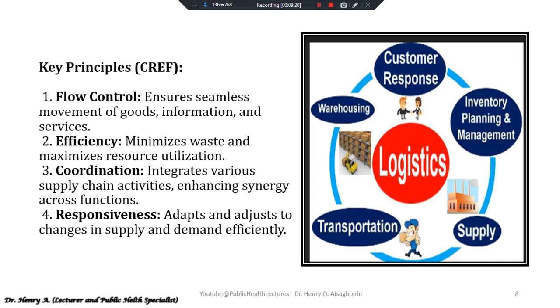So remember, flow control, efficiency, coordination, and responsiveness. These 4 principles are the foundation of every successful logistics system.